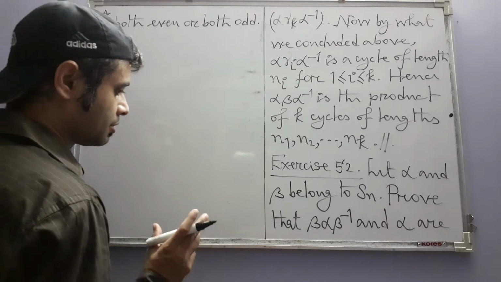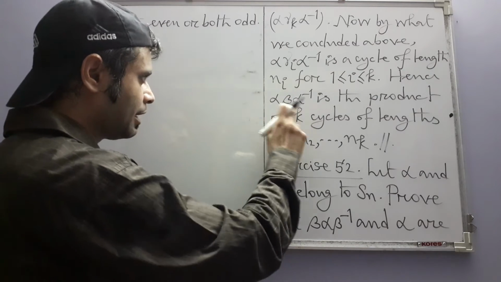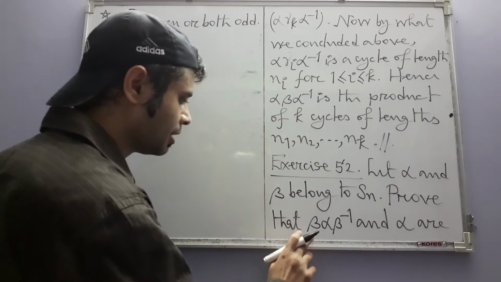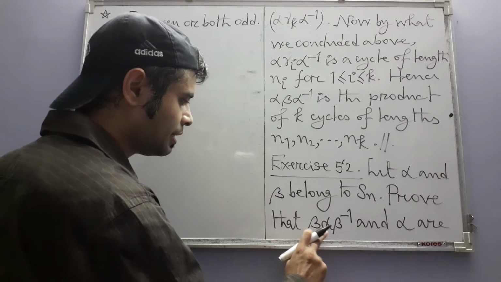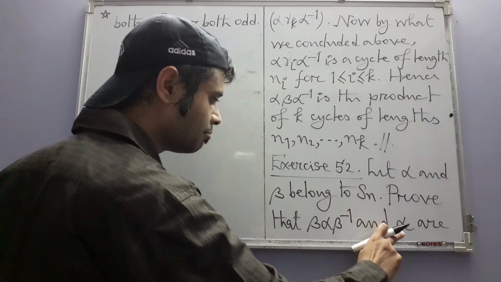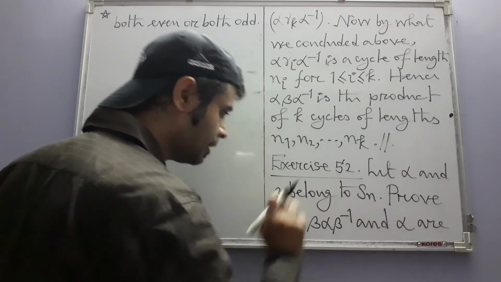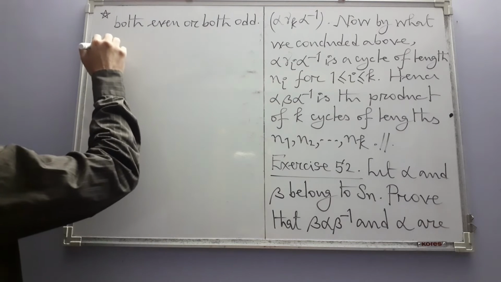And the thing is that if you are simply thinking of alpha beta alpha inverse religiously in your mind, you may suddenly consider beta alpha beta inverse, whereas in your mind you are thinking of this, and then make the mistake of considering beta here. That is, there is a danger. But anyway, let's see the solution.